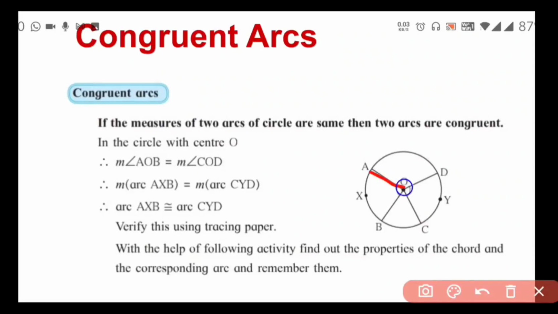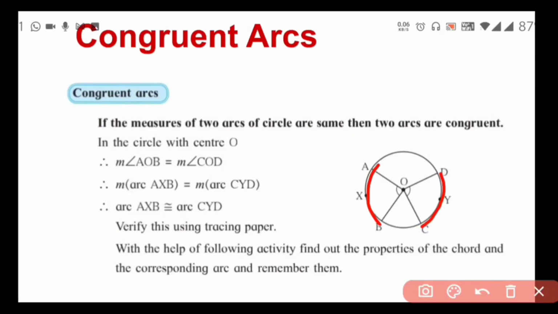Arc subtended by angle AOB is arc AXB. Similarly, arc subtended by angle COD is arc CYD. Arc AXB is congruent with arc CYD.